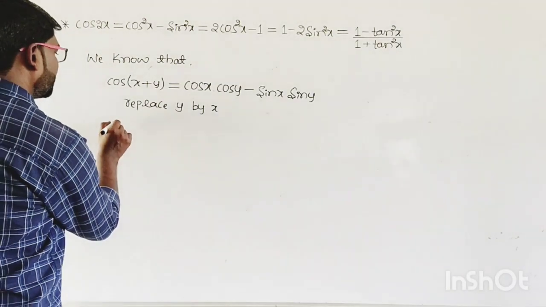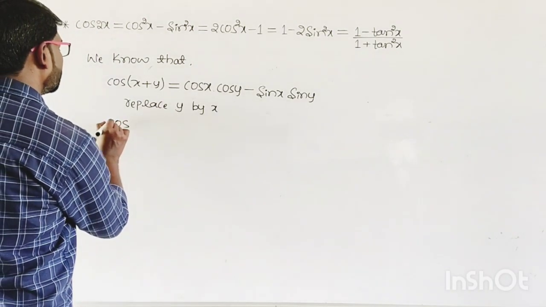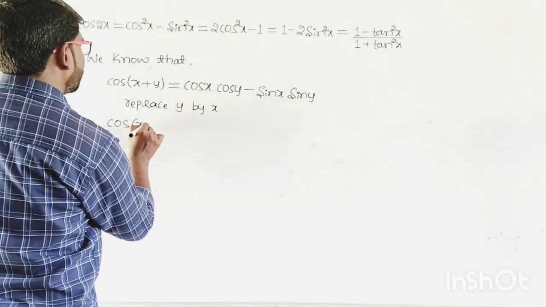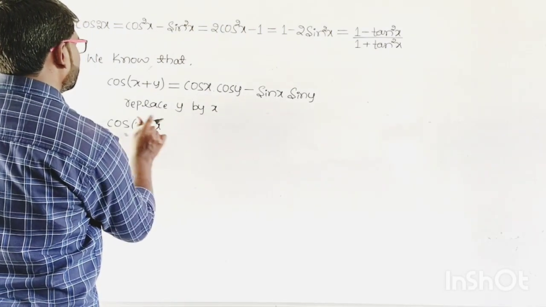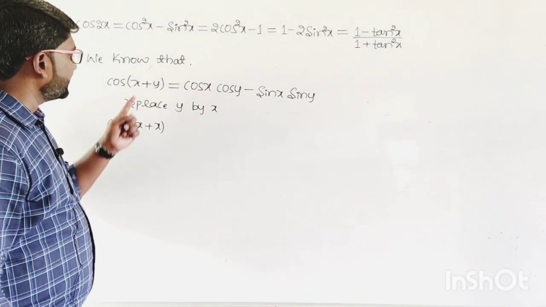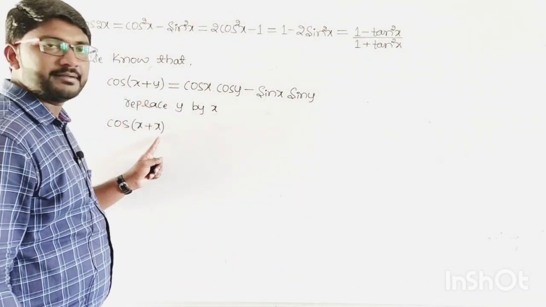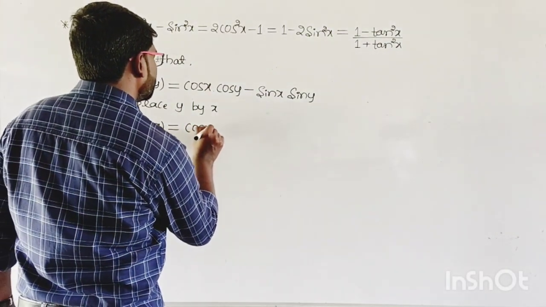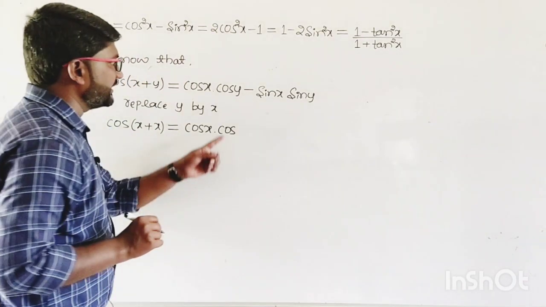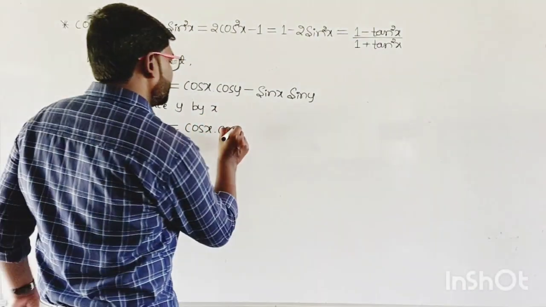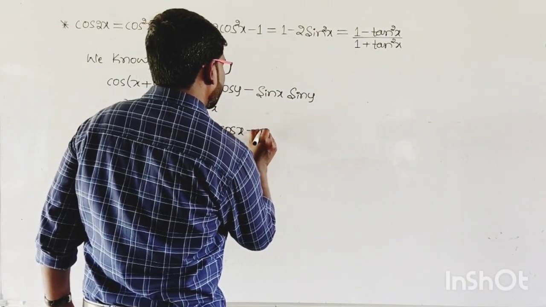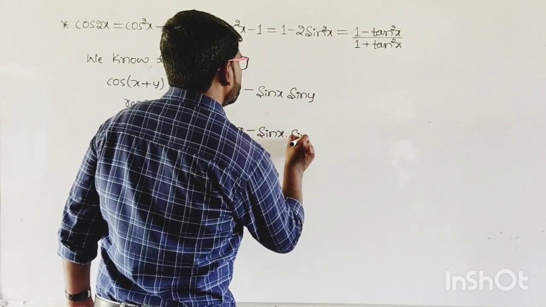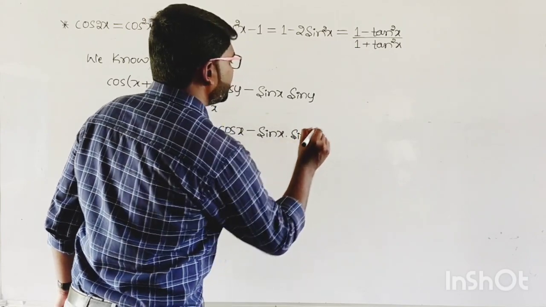What happens now? Cos of x plus x. See here, x I have written as it is, in place of y I am writing x. Now this is equal to cos x into cos x, then minus sin x into sin x.